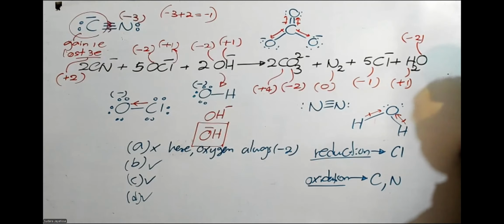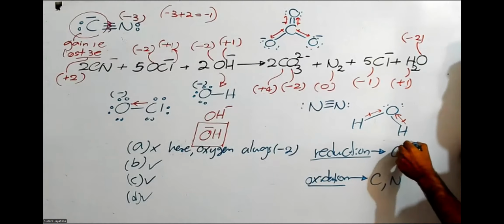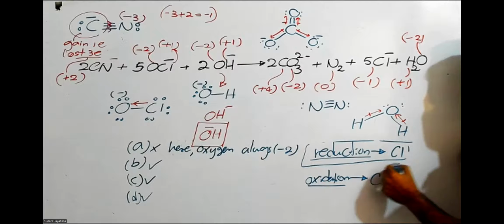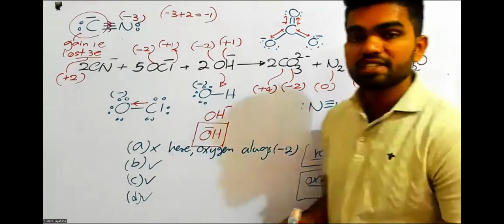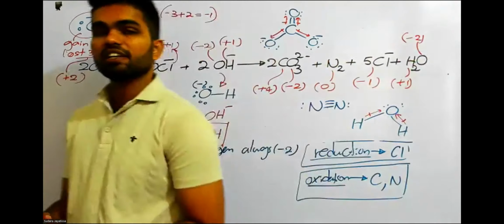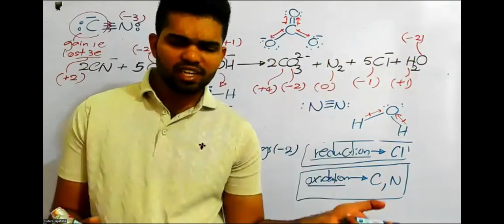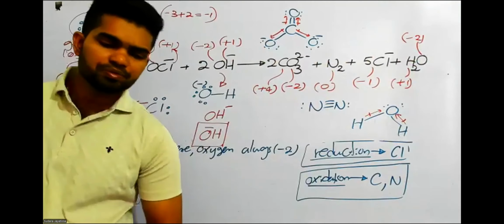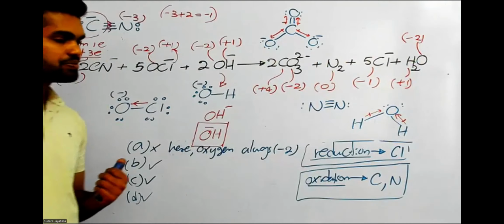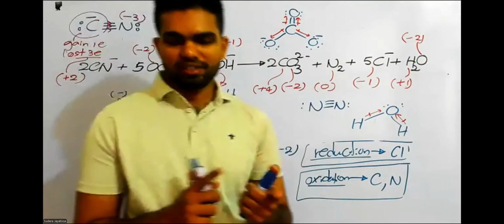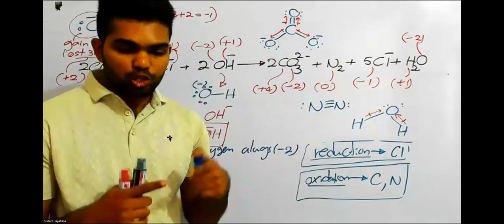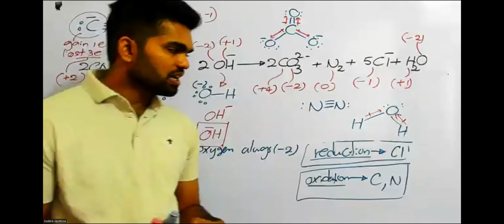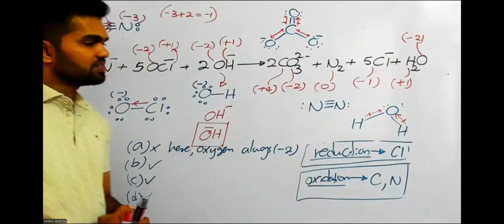Carbon from +2 to +4. And the other one that underwent reduction is Cl. Oxidation is carbon and nitrogen. So there are 2 entities that are undergoing oxidation. That's the difference in this question, okay? Generally, we saw in the earlier 18th or 19th question, when we balanced, remember, there were only 2 redox elements, carbon and chromium, in that equation. But here there are 2 elements oxidizing and only 1 element undergoing reduction.